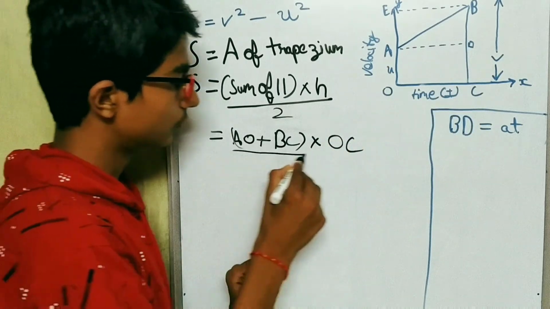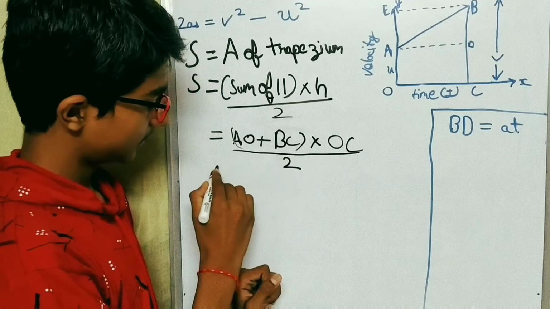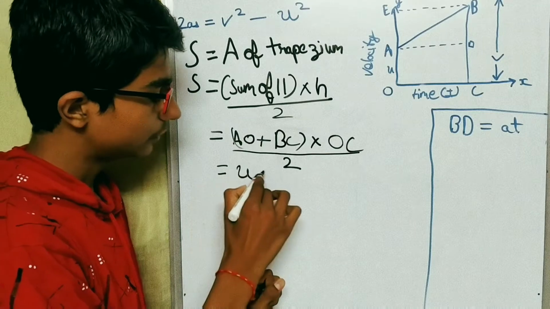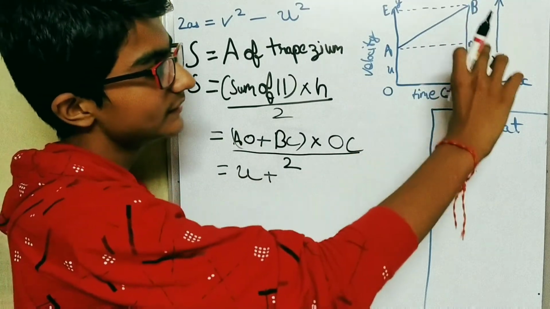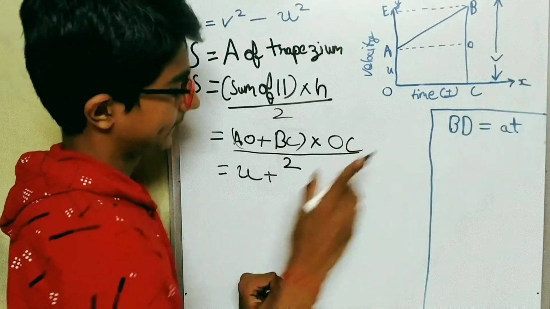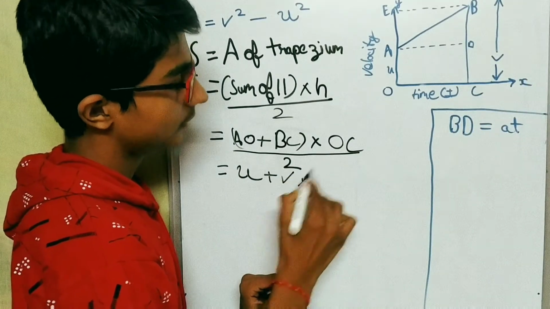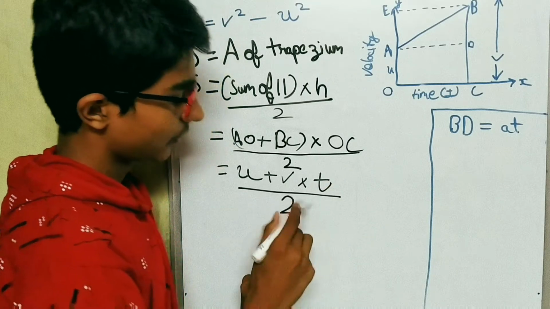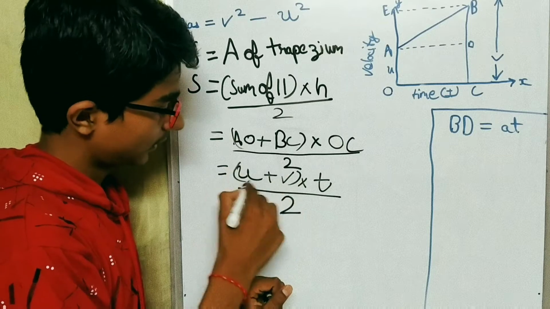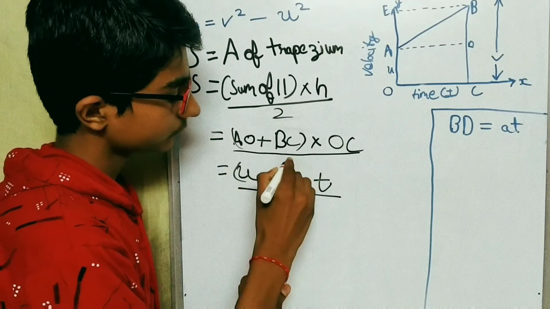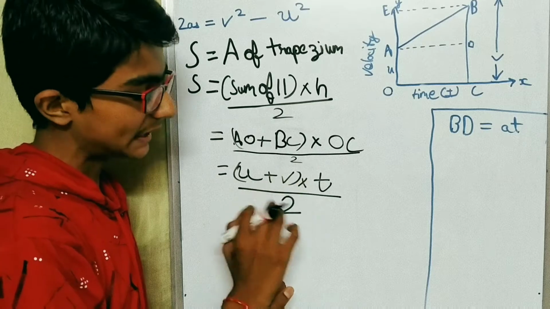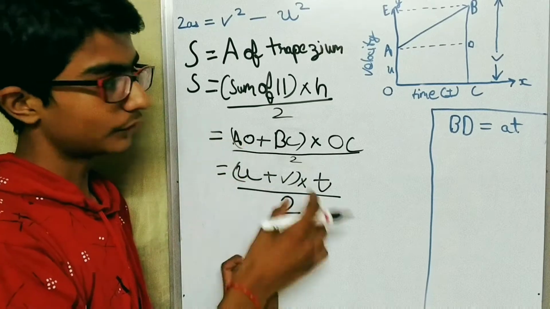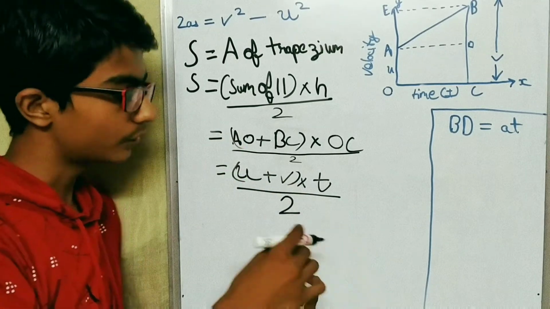So now upon 2, AO is u, and BC is v. See, here it is written v. OC is the time t. So u plus v into t upon 2. Here we got u plus v first, or you can also write it as v plus u.